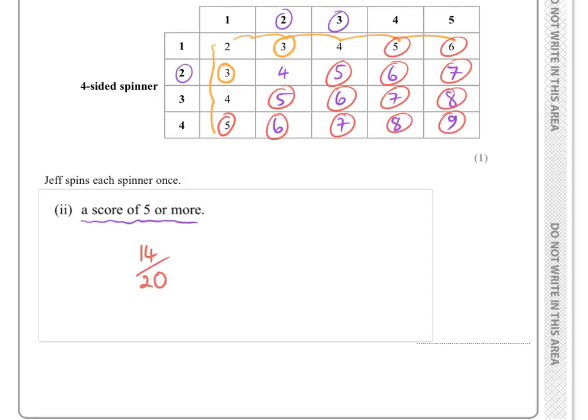So you could leave that as your answer, or you could cancel it down to an equivalent fraction of 7 out of 10. So don't forget, you could have written 0.7 or 70%, but fractions are probably the best way of writing them.